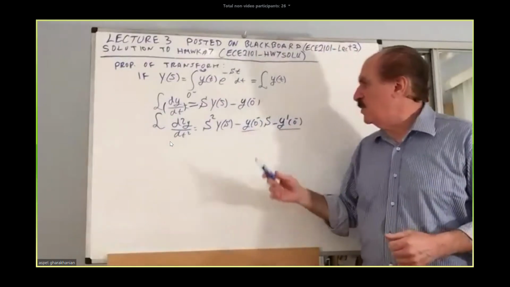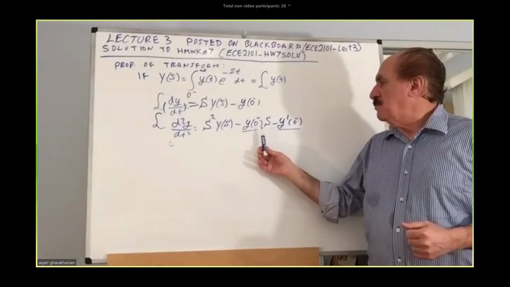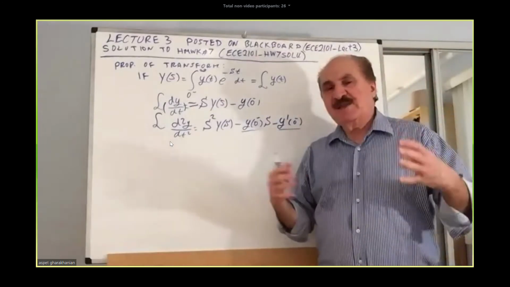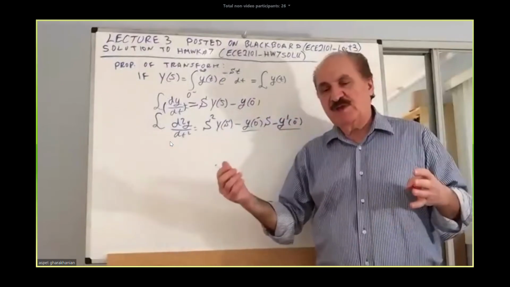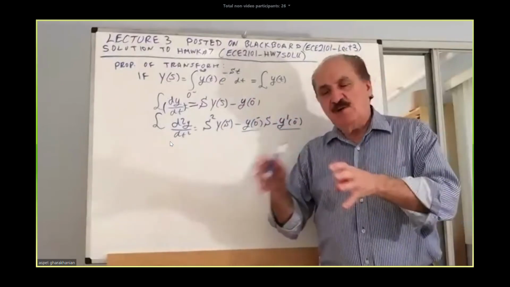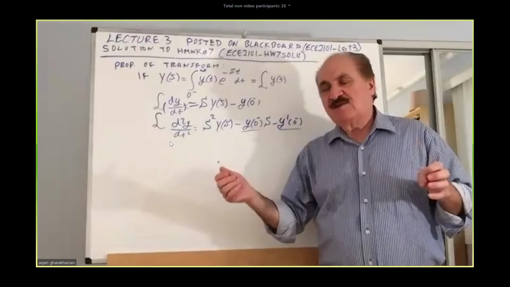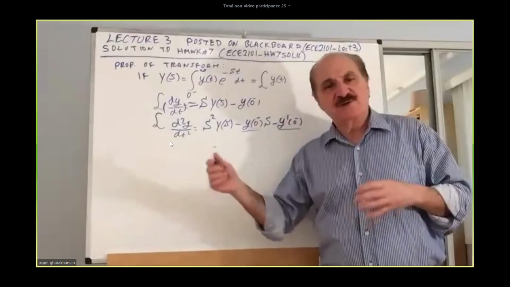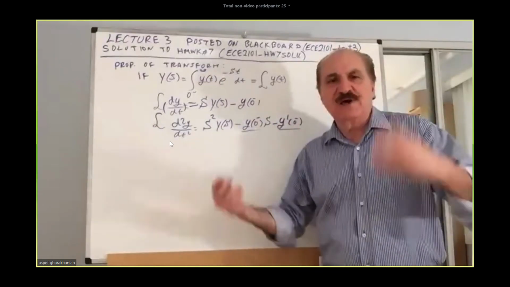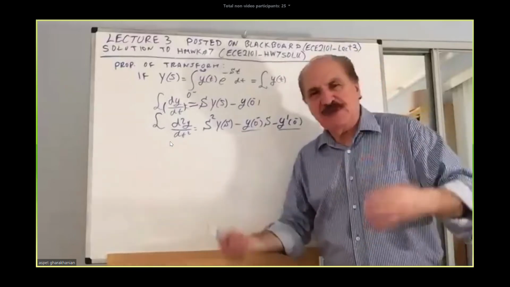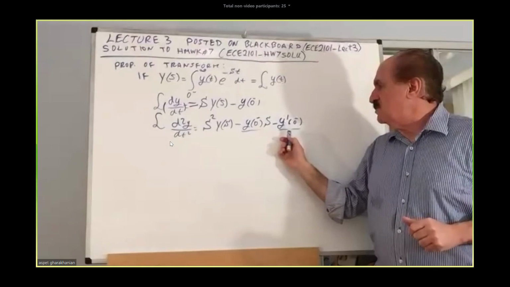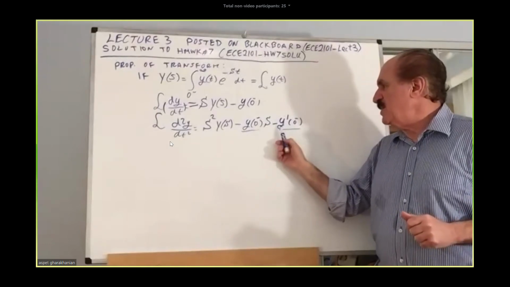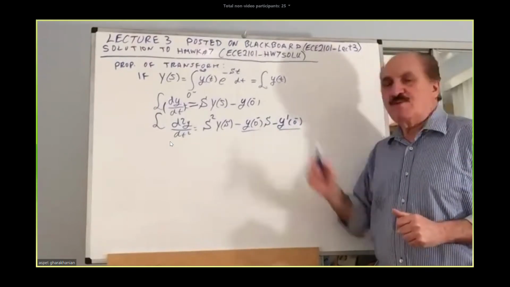For example, in the case of mechanics, real-time information about a trajectory would be x0, the origin, time 0, and then initial velocity, v of 0 minus. These are two initial conditions for mechanical things. This is therefore s squared y of s minus s times y of 0 minus y dash of 0 minus.